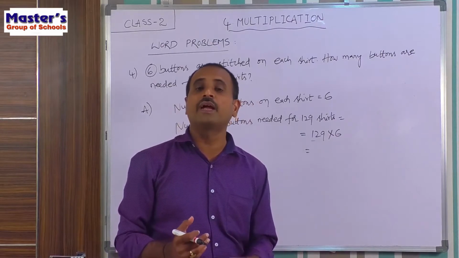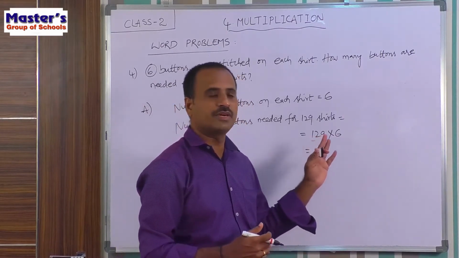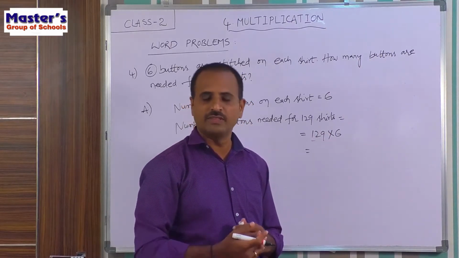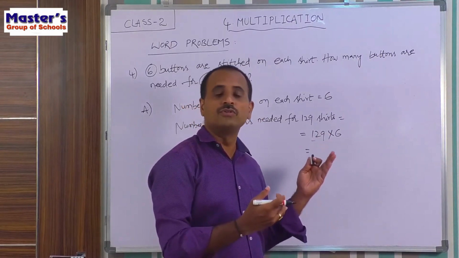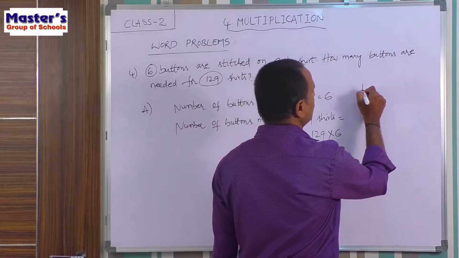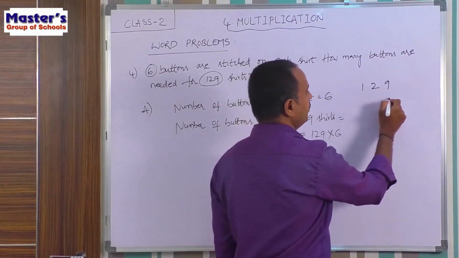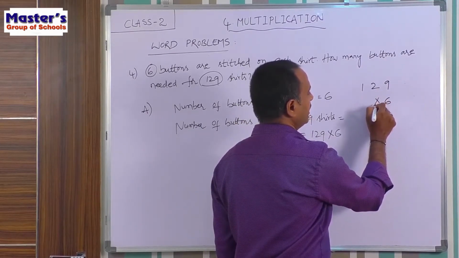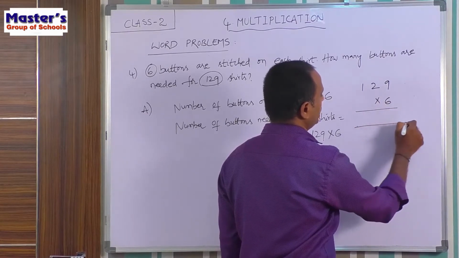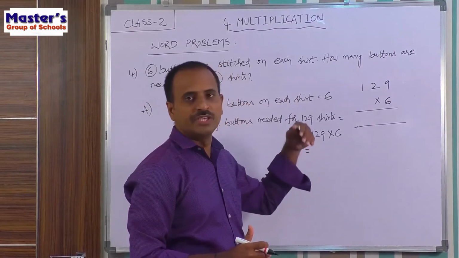We have already practiced a lot of problems on multiplying a 3-digit number with a 1-digit number, so in the same way, here also we have to do such multiplication. So write 129 first, write 6 below 129, keep the symbol into, which represents multiplication, and also write the places above each digit.